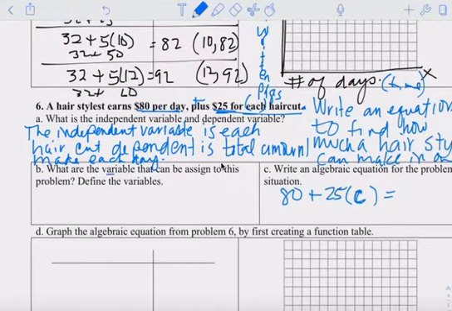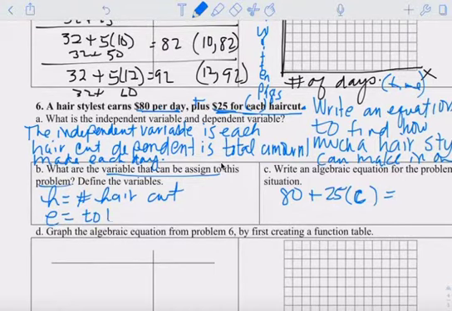So assign the variable H for the number of haircuts, and E for earning, total earning each day.